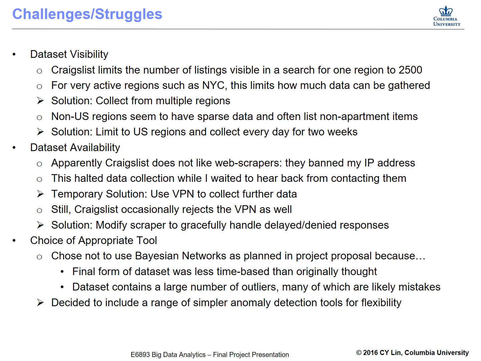The choice of appropriate tool was a difficult question. I was originally thinking of using Bayesian networks, but decided that it was better to have a wide variety of slightly simpler classification tools, and also the time-based aspect. One of the most powerful things about a Bayesian network is the ability to put in history and decide probabilities based on that history.